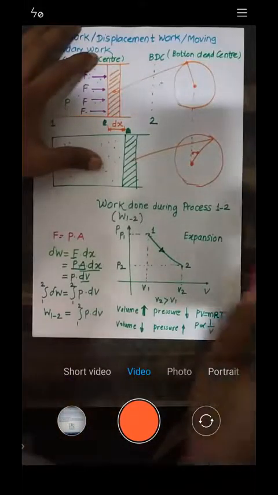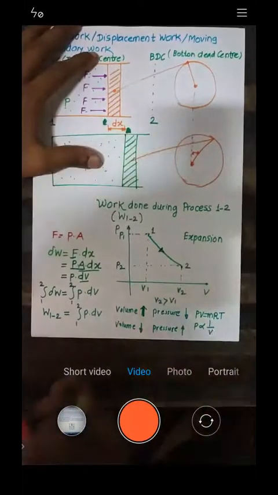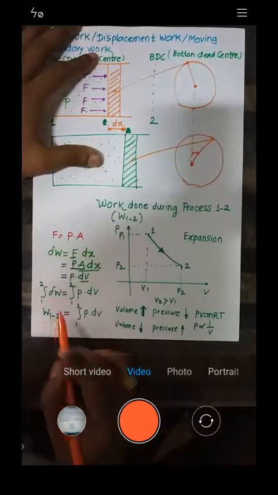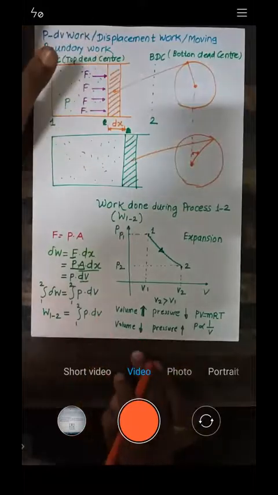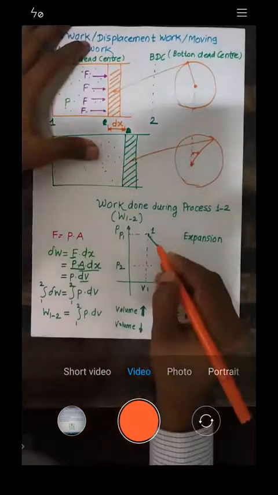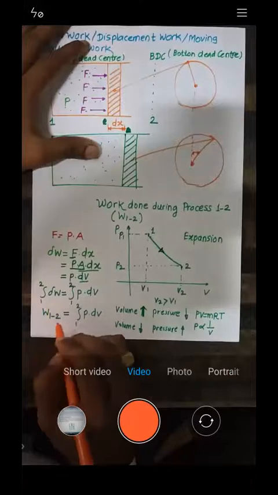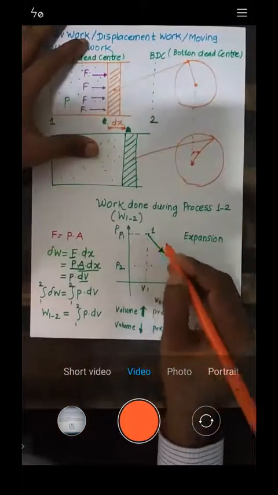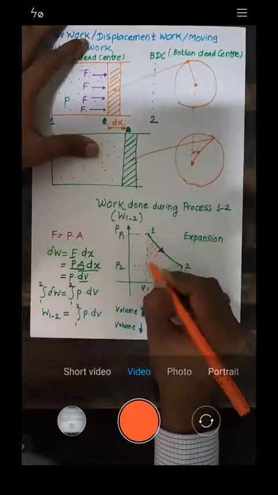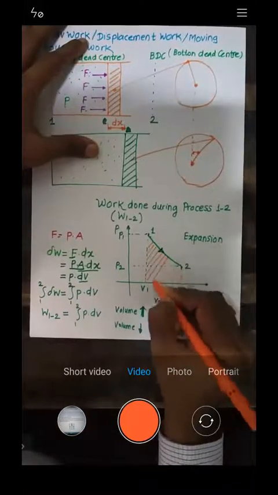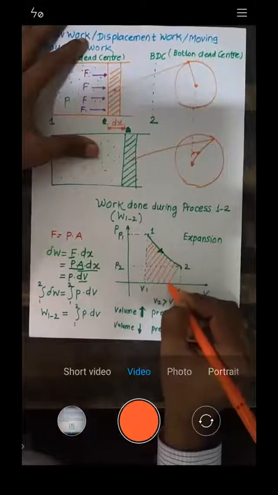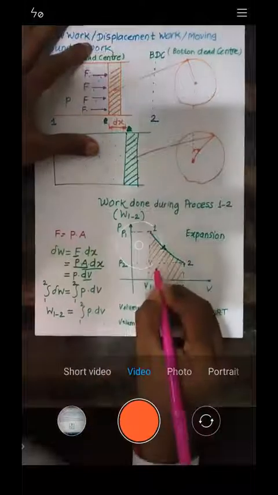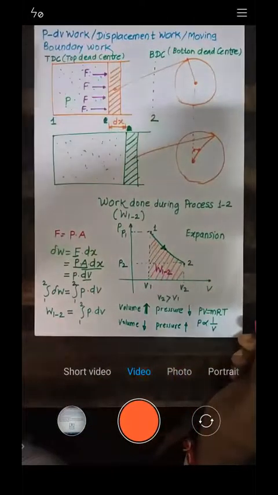Now see, the purpose to plot this diagram, you can see the formula which I have written. Work done will depend upon P and dV. If I need to calculate the value of W12 graphically, if I just calculate the area below the process 1-2, this area below the process will give me the value of W12.